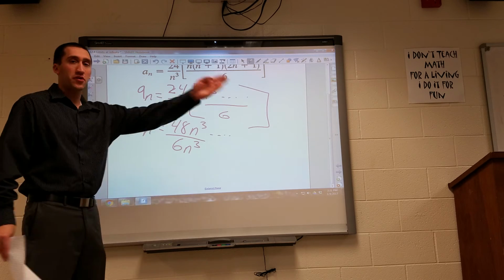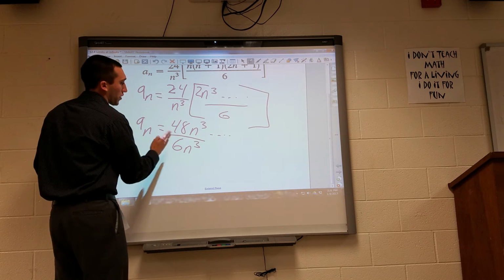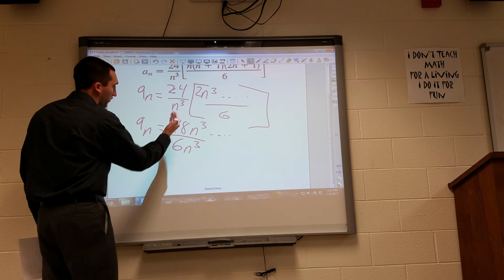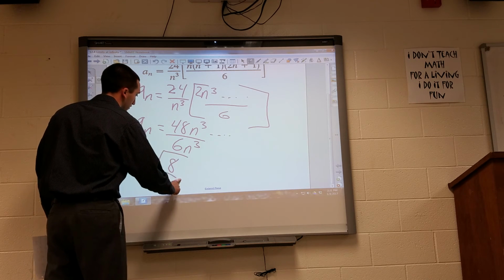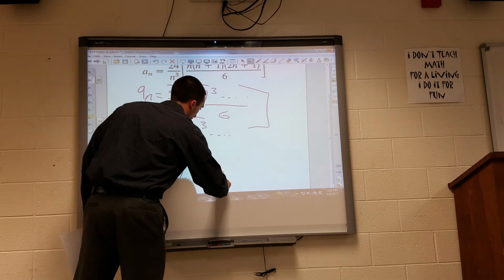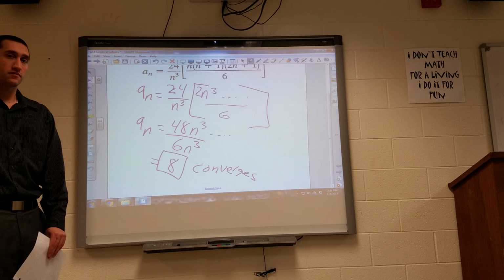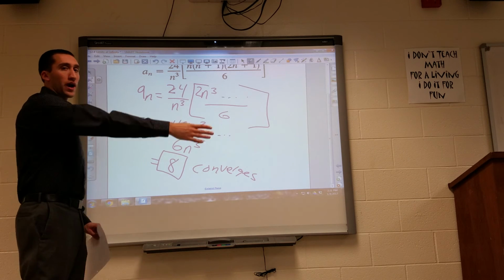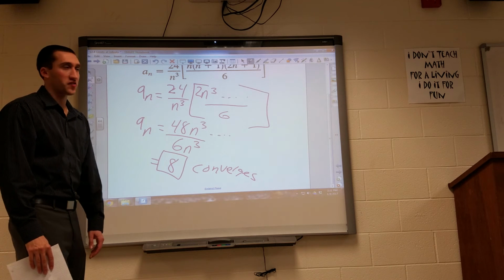So as my sequence goes out to infinity, all we're looking for is the ratio of the leading coefficients. And since 48 divided by 6 is 8, the sequence converges at 8. So as I go all the way out to positive infinity, my sequence converges to 8.